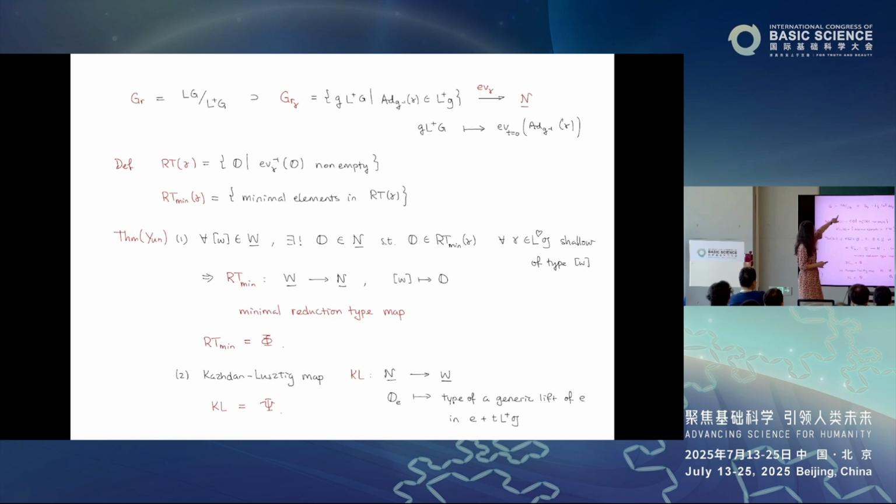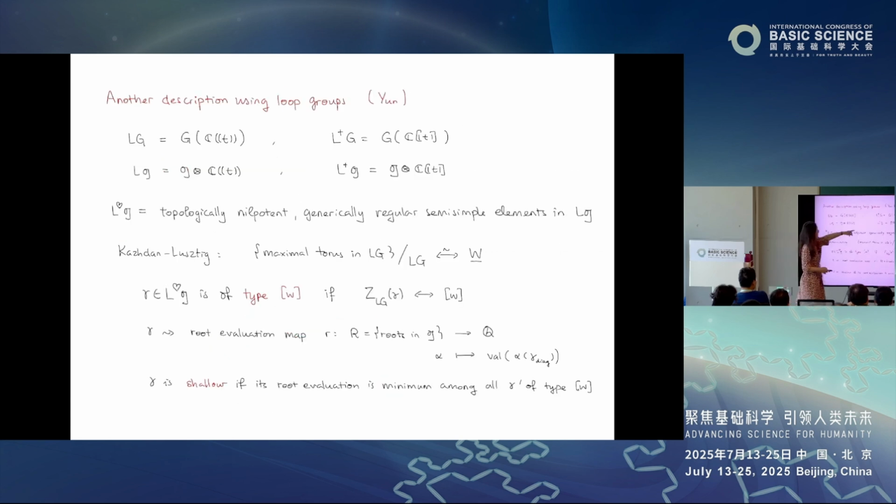This is you take all the cosets g such that the adjoint action of g inverse applied to gamma gives you an element in L plus G. Okay, and so L plus G is this thing.